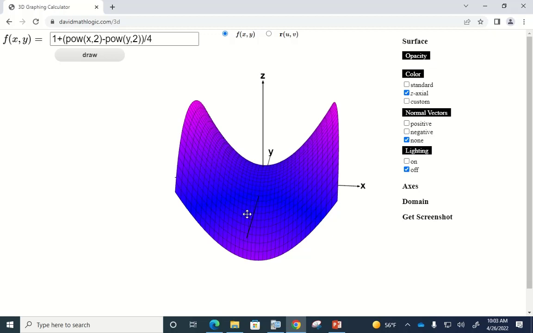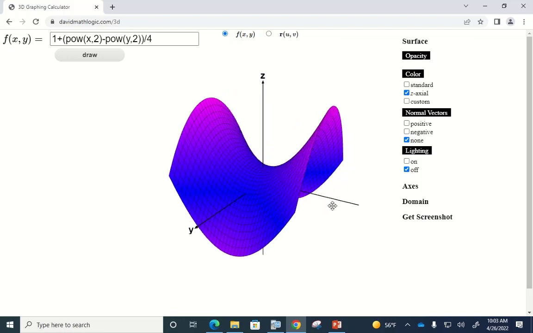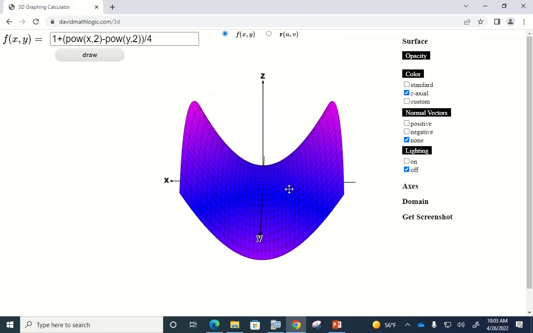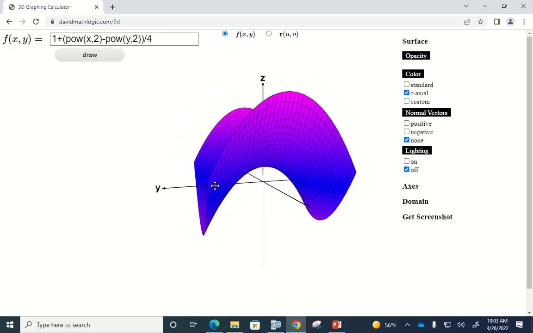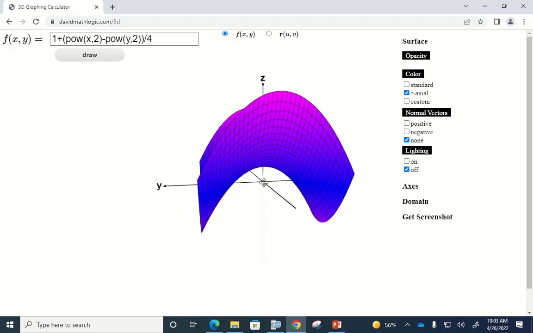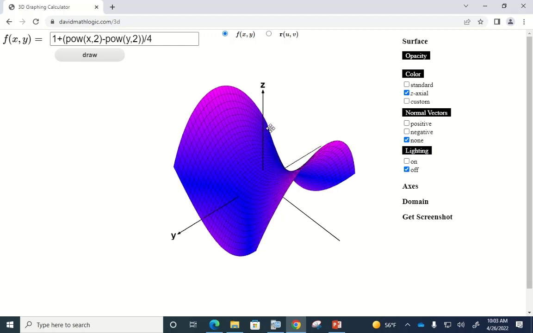And then likewise, if you imagine a different line that intersects the surface at one point, it has the same slope, so it's a tangent line to the surface. But if that line is parallel to the x-axis, only moving in the x direction, that slope of that tangent line would be the partial derivative of this function with respect to x. So just like the derivative of a function was larger whenever you had a steeper curve in the plane, the partial derivatives are going to be larger whenever your surface gets steeper.